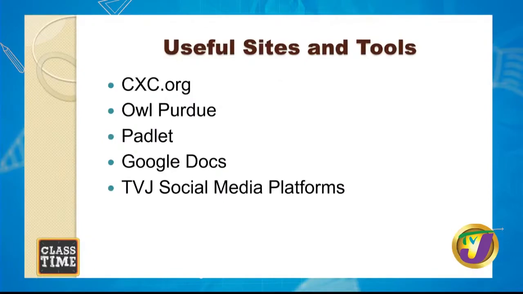Purdue OWL for help with how to do your sourcing information, your in-text citation, how to write up your different things. Padlet that I mentioned last week for you to collaborate, because you need to show evidence of collaboration. So that's a good way to show your teacher that yes, you're collaborating. Google Docs as well to show evidence of you collaborating. And of course, TVJ social media platforms.